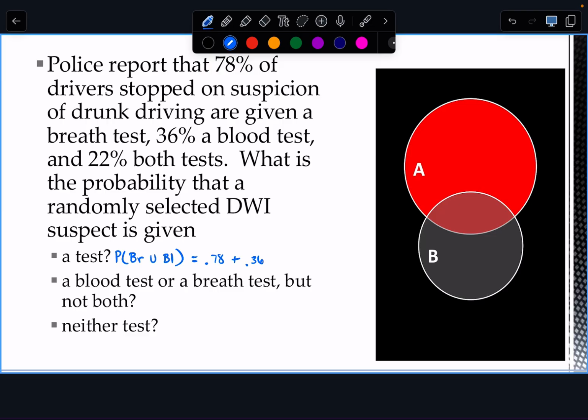But are the events disjoint? No, they're not. 22% of people got both. So after I take the 78 plus the 36, I need to subtract out the extra 22% that I double counted.